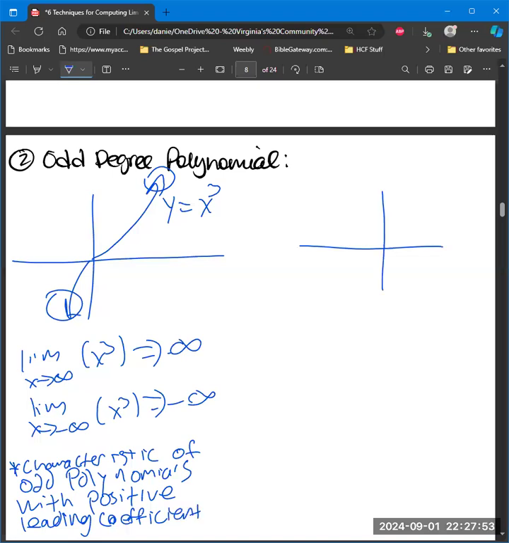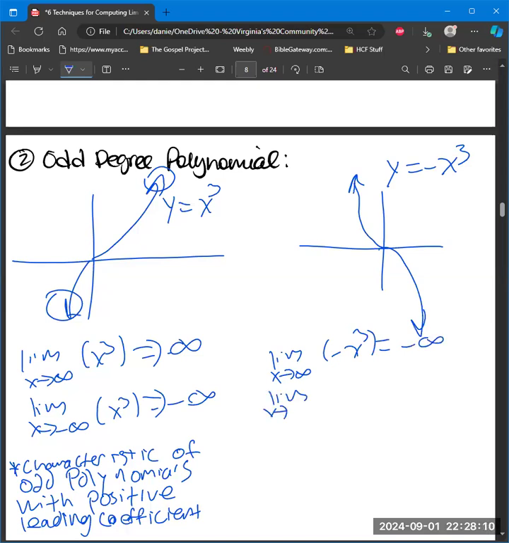Now we have y equals negative x cubed. It looks like that. The limit as x approaches infinity of negative x cubed is negative infinity. The limit as x approaches negative infinity of negative x cubed is equal to positive infinity.